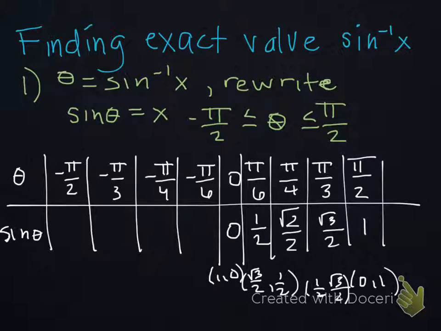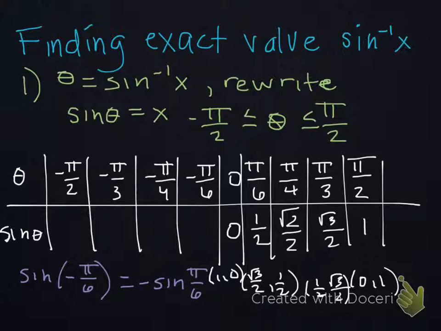So sine of 0 is 0. Now, if you think about the even and odd identities that we talked about, when finding sine of a negative pi over 6, the negative goes out front, and the answer is just the same. Let me jot this down in a different color so you understand. If I asked you to find sine of a negative pi over 6, the even and odd identity says the negative can go out front, then I find what sine of pi over 6 is, and I make my answer negative.